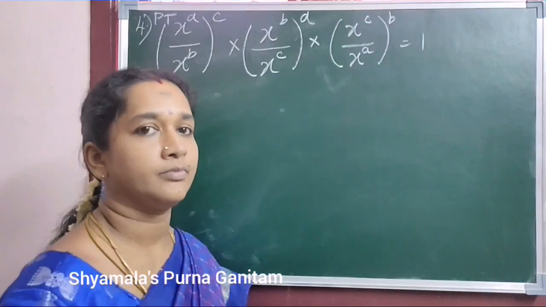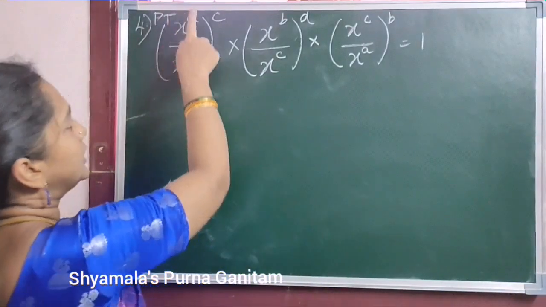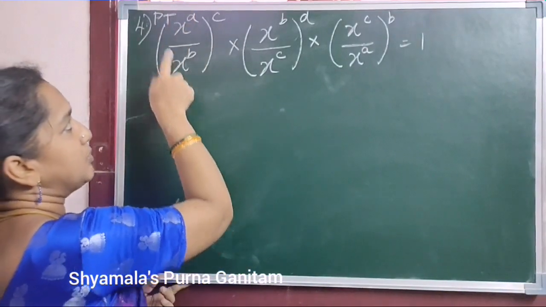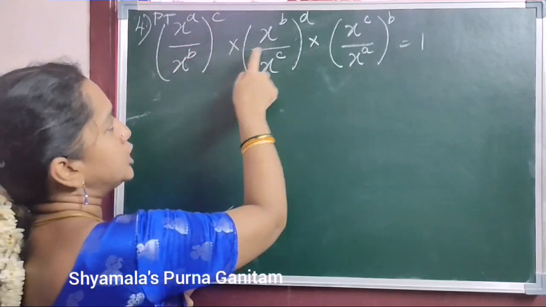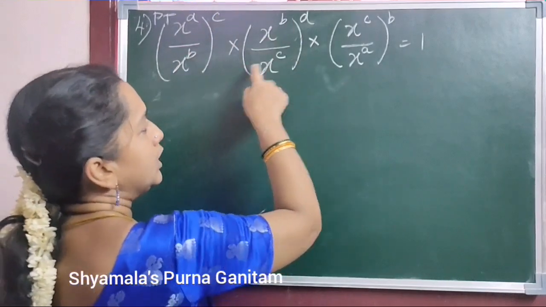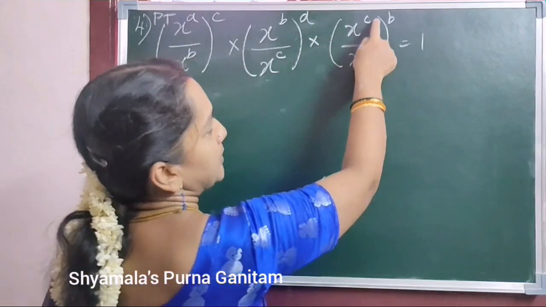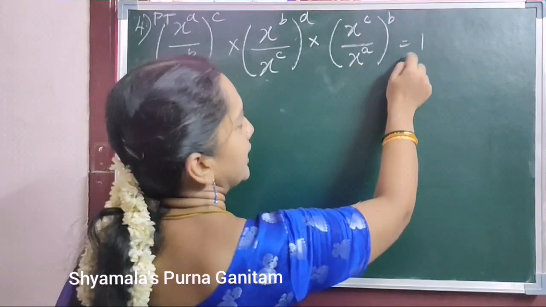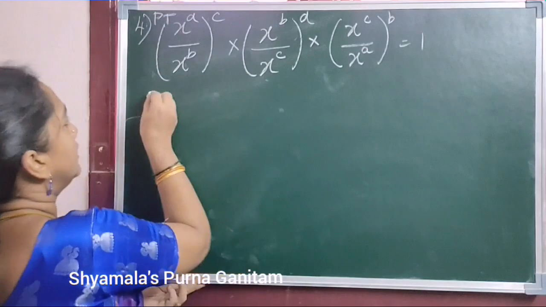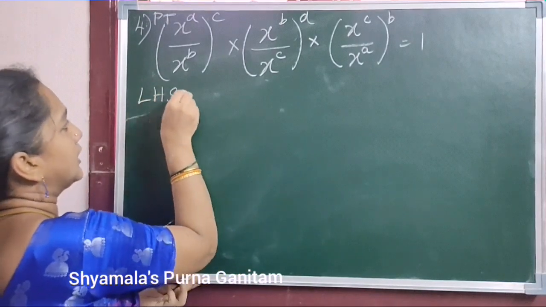Simple sum. Fourth sum. Prove that (x power A by x power B) whole power C into (x power B by x power C) whole power A into (x power C by x power A) whole power B is equal to 1. Okay. We'll take LHS and prove RHS.